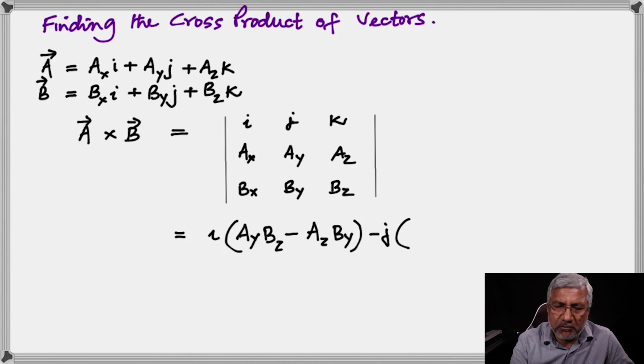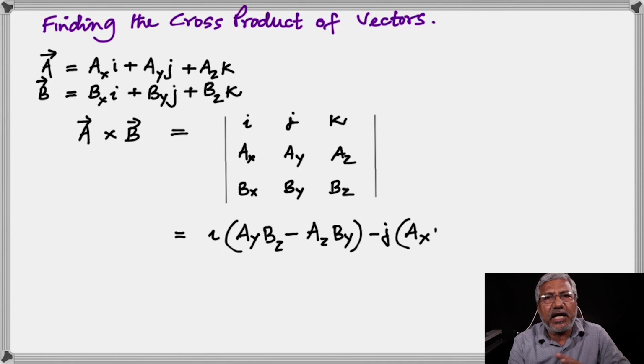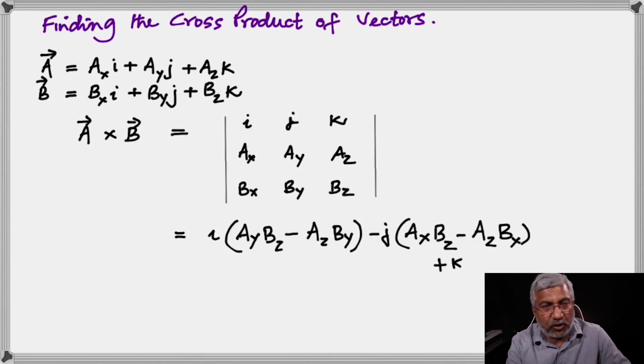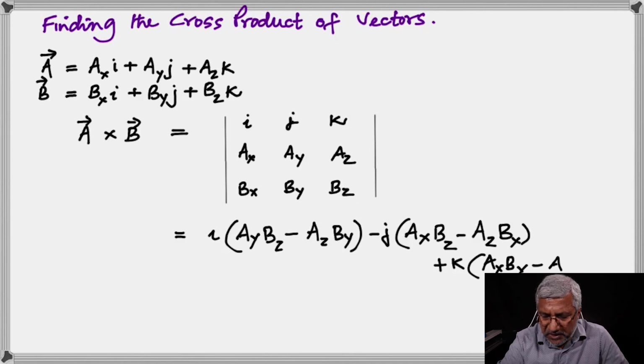Minus J, block off what's under J, which means you don't look at these two. Now look at the other four. And similarly go AX times BZ minus AZ times BX. Same idea. Plus K, block off what's under K, so that'll be AXBY minus AYBX.